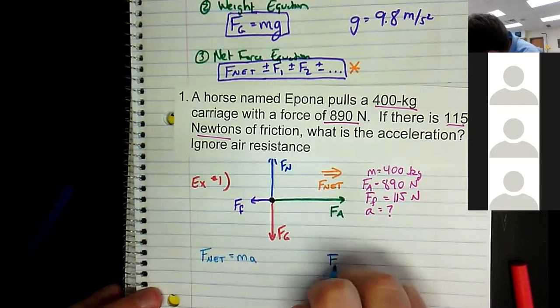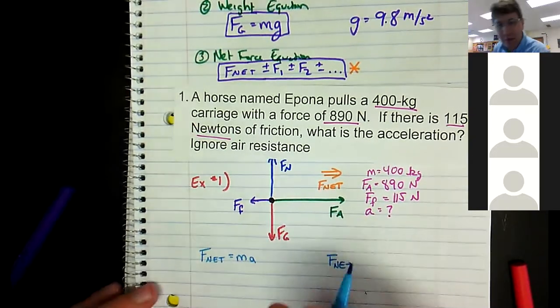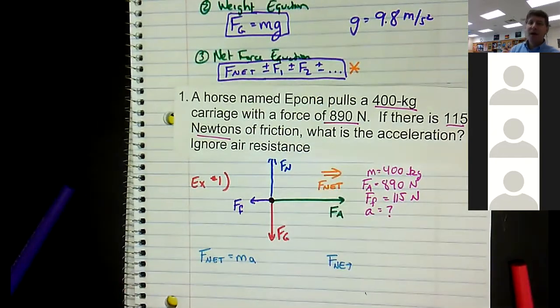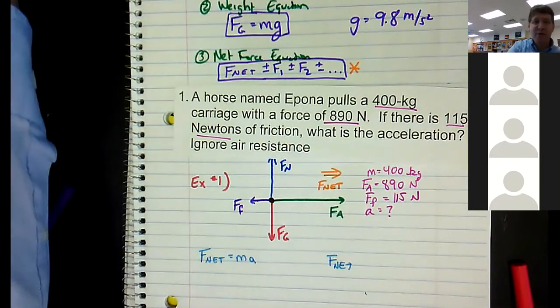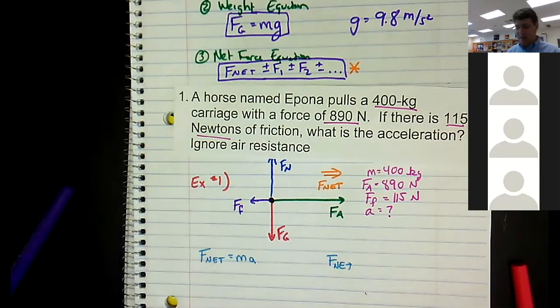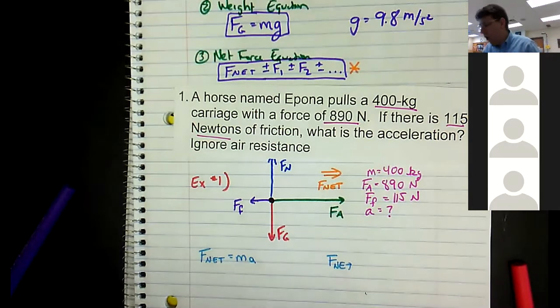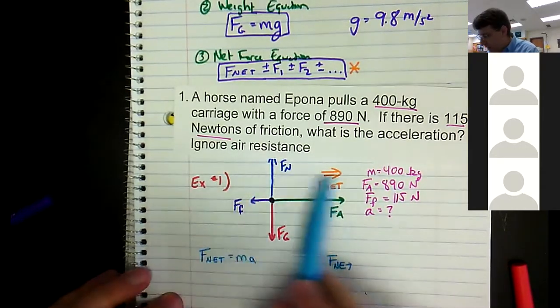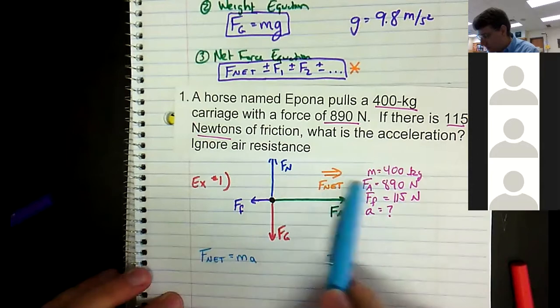And we're also going to have the equation F net equals plus or minus F1 plus or minus F2 minus dot, dot, dot. Now, it looks like a complicated equation, but all the dot, dot, dot means is that it either expands or contracts to include all the forces that are going in the same direction as the net force, right? You can see here the net force is going in the x direction.